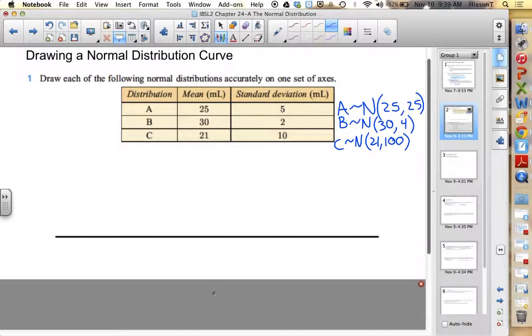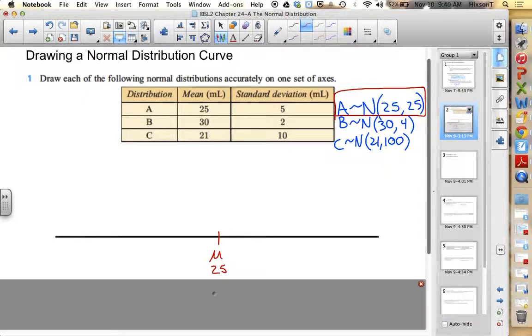But let's take a look at how we would sketch. Let's do A. Okay? How would we sketch this? Well, first of all, we would start with our mean. And I'm going to put that right in the middle here. Here's mu. It's at 25. Okay?